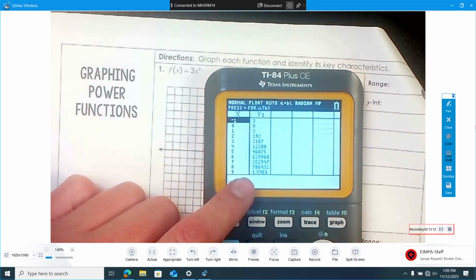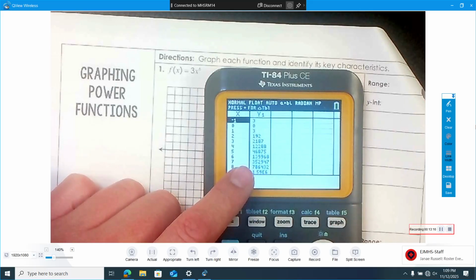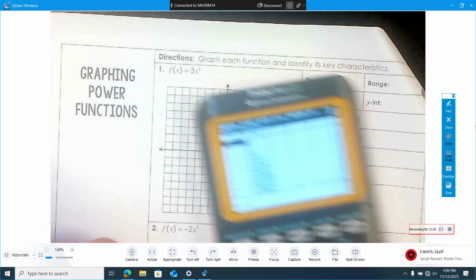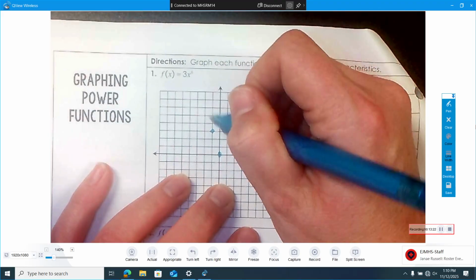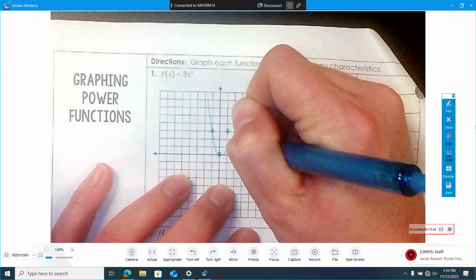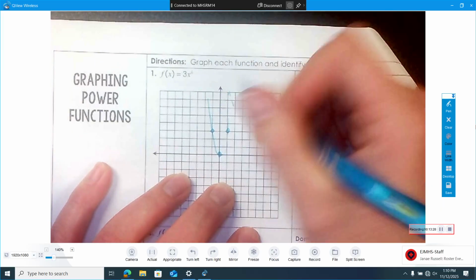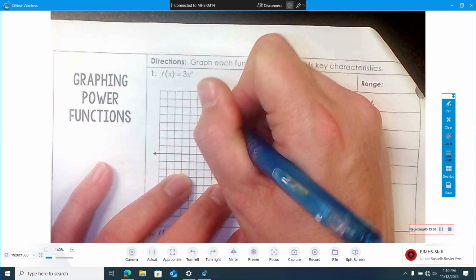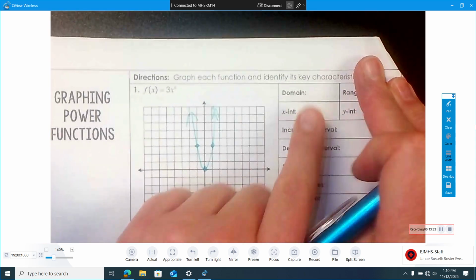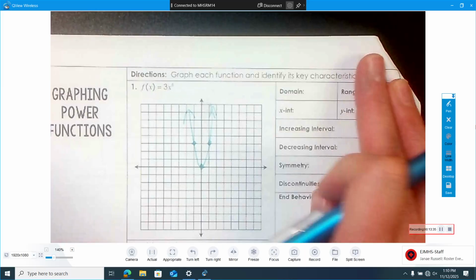But look how big those numbers get super fast. You plug in a 6 and you're already at 139,000. Okay? So this function grows super, super duper quickly. So we have our basic shape here. Let's talk about domain. What is domain?